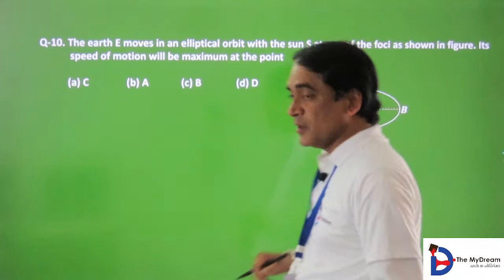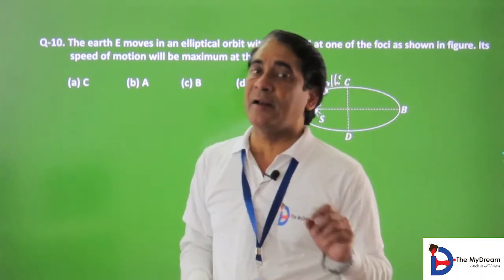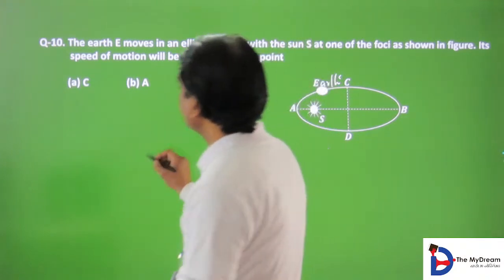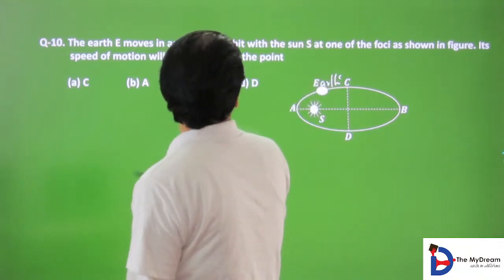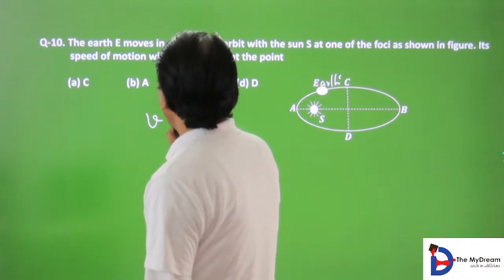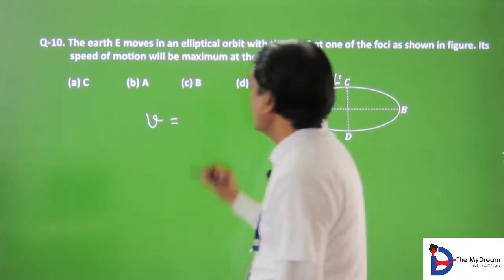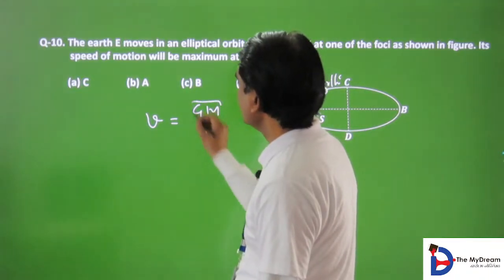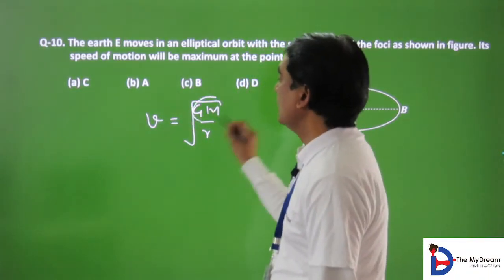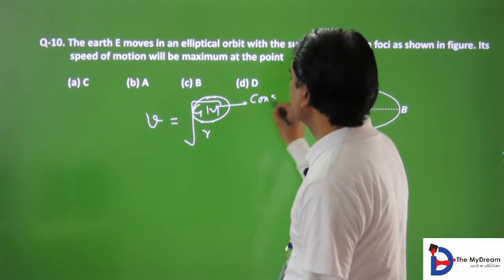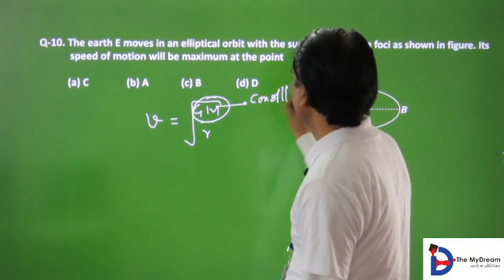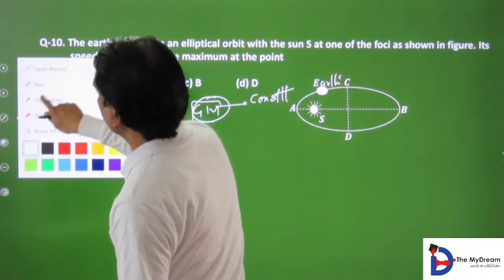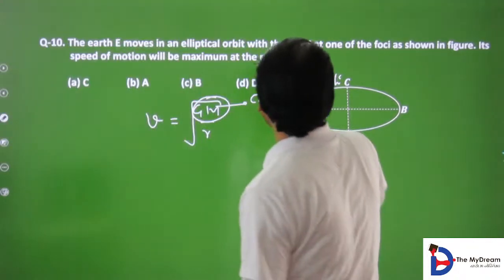But you know, all the planets revolve around the sun in an elliptical orbit, and v is given by GM by r, and these are the constants.